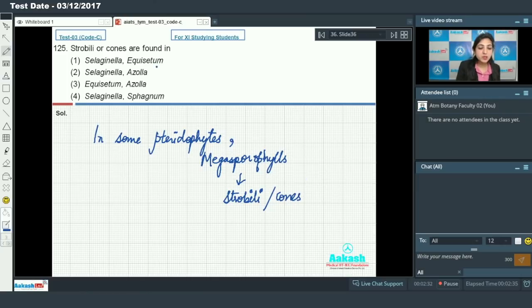Selaginella and Equisetum, they both are the pteridophytes in which sporophylls are compactly arranged to form cones. So this is correct.